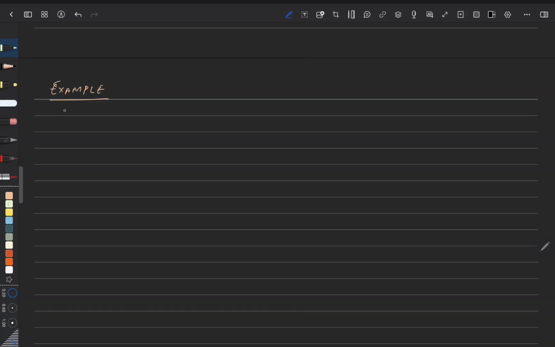Consider a deck of 52 playing cards, where event A is that the card drawn is a face card.